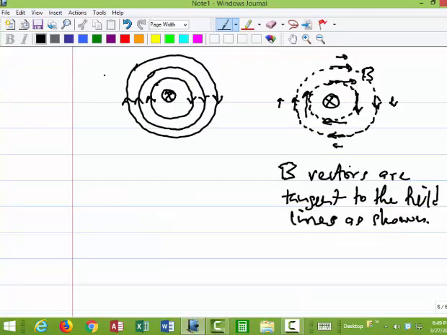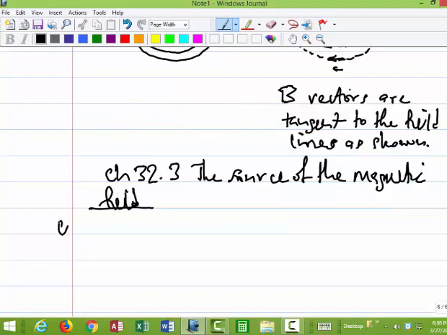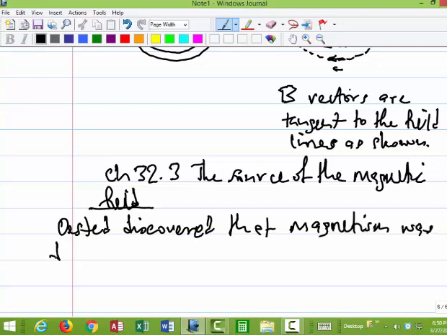So we've already established that the magnetic field is due to the current in a current carrying wire. So let's look at the next section, 32.3, the source of the magnetic field. Ørsted discovered that magnetism was caused by an electric current.